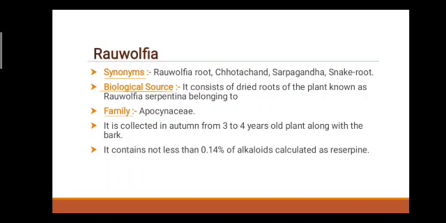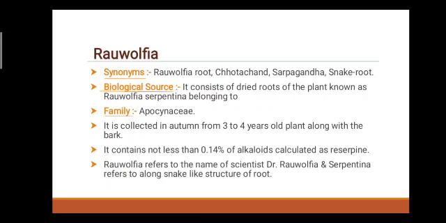It contains not less than 0.14% of alkaloids calculated as reserpine. Rauwolfia refers to the name of scientist Dr. Rauwolf, and serpentina refers to the long snake-like structure of the root.